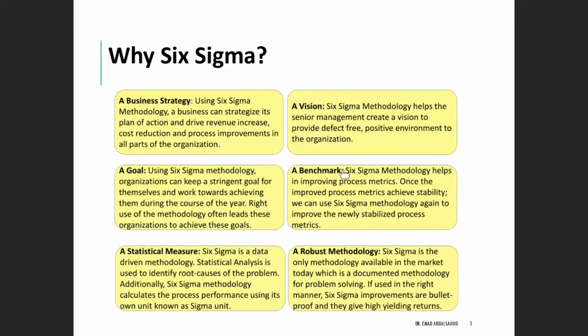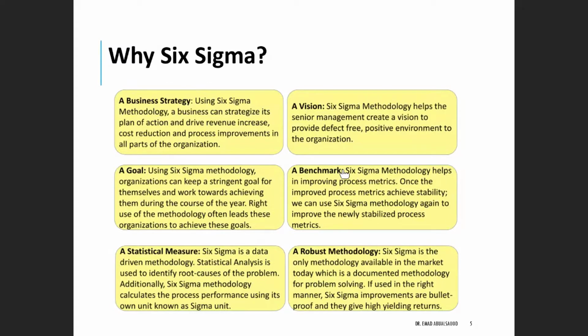Six Sigma allows you, or actually you have to do that in some phases, to improve your process metrics and stabilize your process. And after that, you again improve the stabilized process metrics. المتركس هي وحدة القياس.